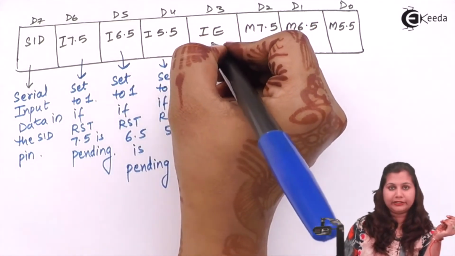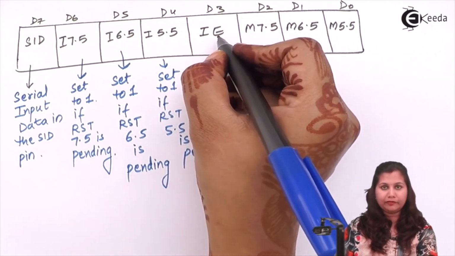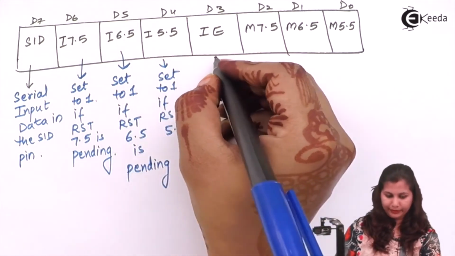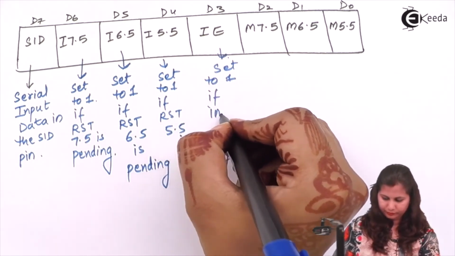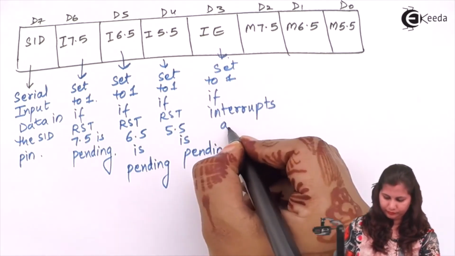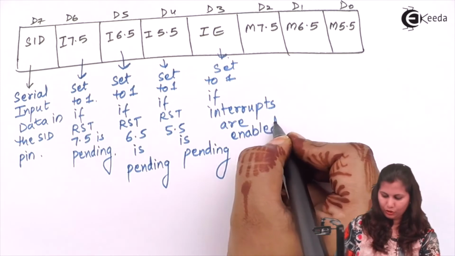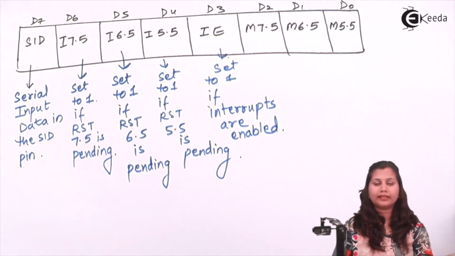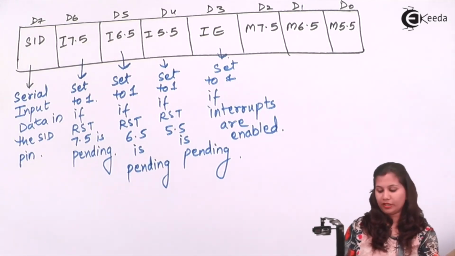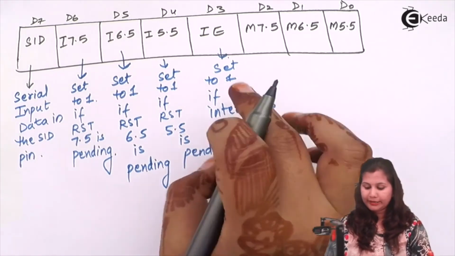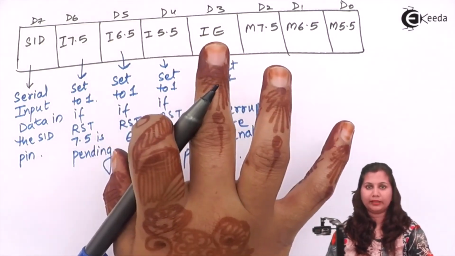Then we have the D3 bit as the IE bit, which is the interrupt enable bit. So if the interrupts are enabled, that is, the EI instruction is given and all the interrupts are enabled, then this D3 bit will become 1.